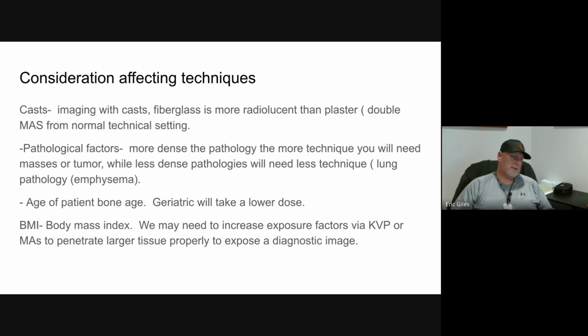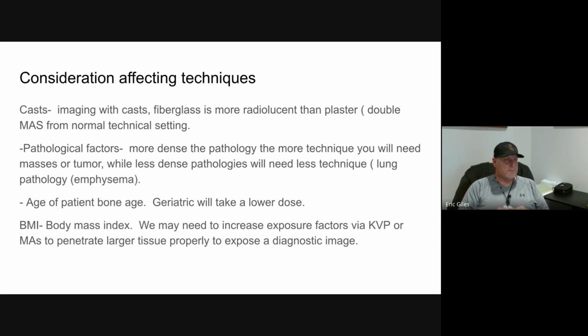If you ever shoot a chest X-ray on somebody that has emphysema, and you use a regular technique, the lungs are just going to turn out really dark, just because it's one of those pathologies that don't have a lot of density to them. So if you take your picture and see that it's really dark, they've got emphysema, you'll either have to cut your mass in half or decrease your dose a little bit in order for those lungs to be readable.